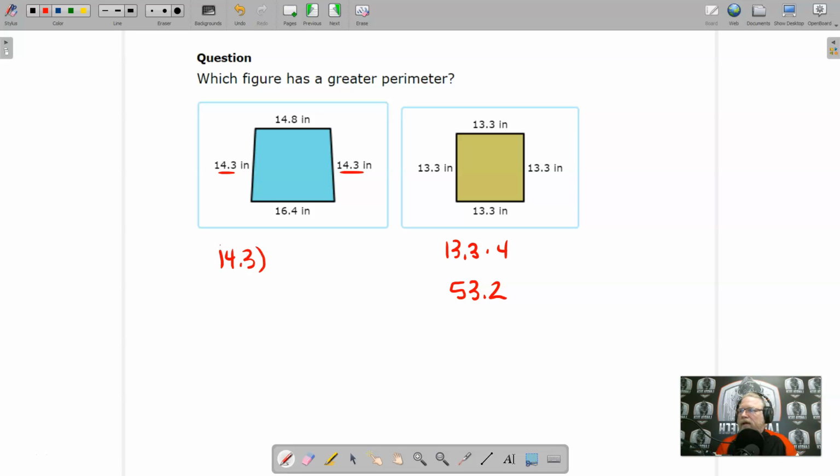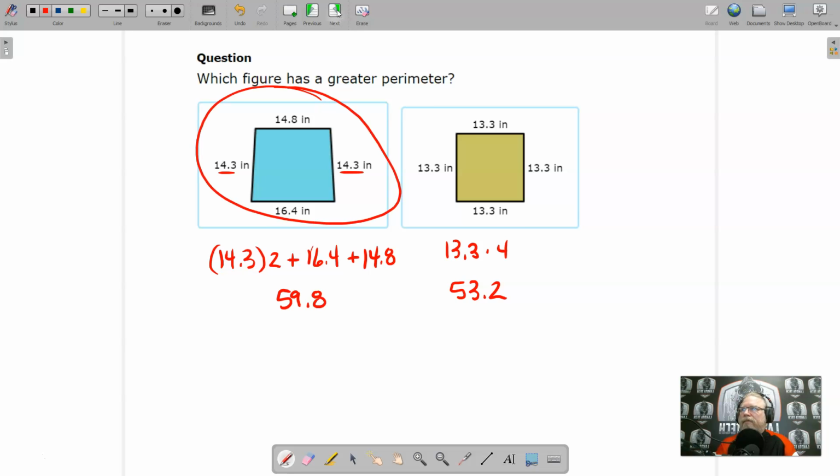I'm going to add to that 16.4. So let's do plus 16.4. And then I'm also going to add 14.8. So let's go plus 14.8. And my grand total is going to be 59.8. So my correct answer is the first choice.